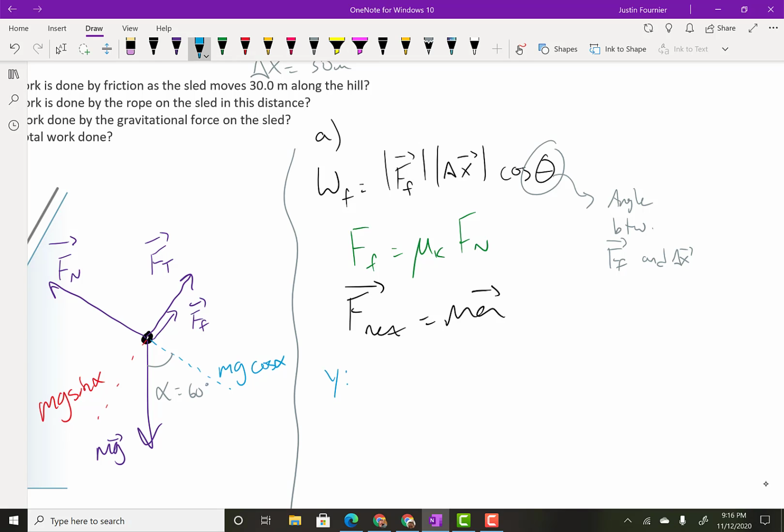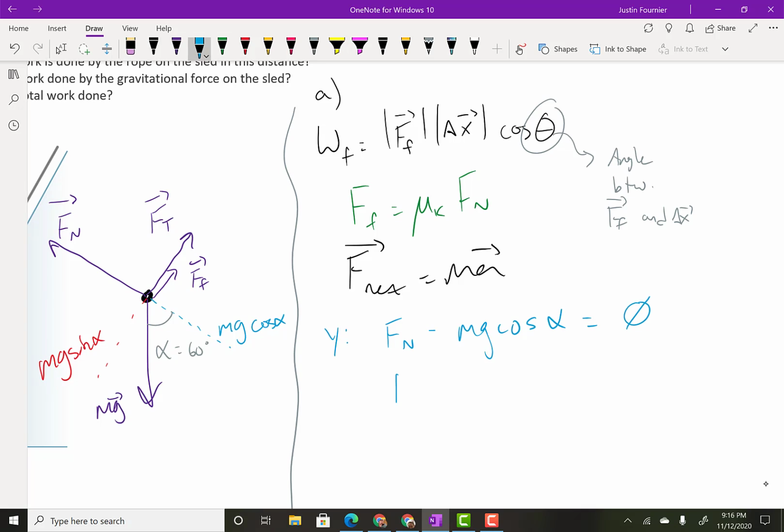So in the vertical direction, F net, so I got normal force minus mg cosine, not theta, alpha, equals the acceleration in the vertical direction, which is going to be 0. So that tells me then that the normal force is equal to mg cosine alpha.